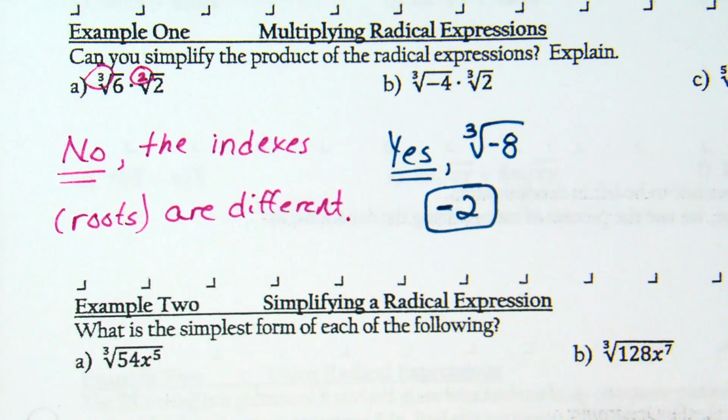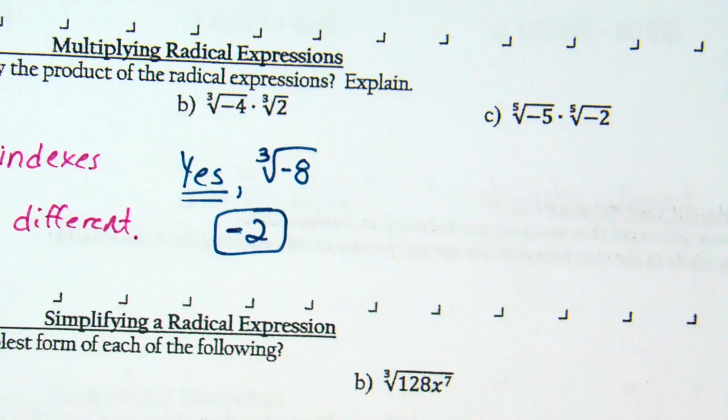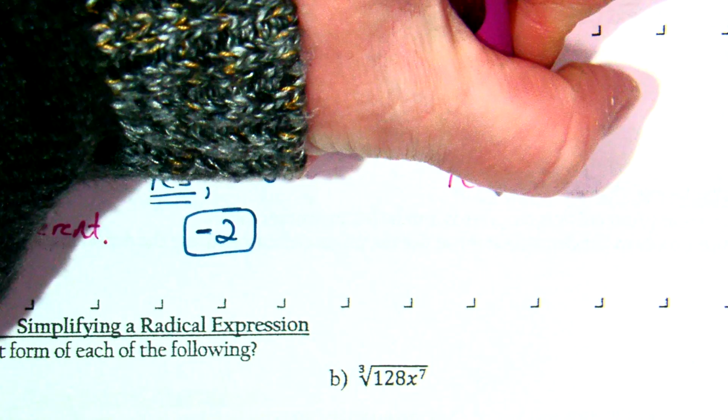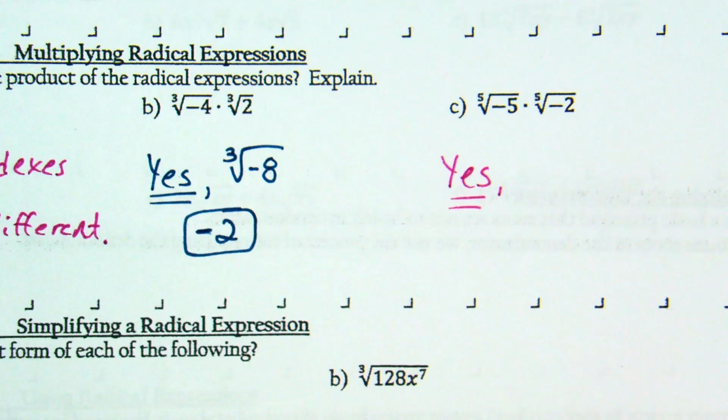And C, the fifth root of -5 times the fifth root of -2. I'm seeing some head nods. Yes, we can, because they are both fifth roots. So, yes. What's the fifth root of -5 times the fifth root of -2?